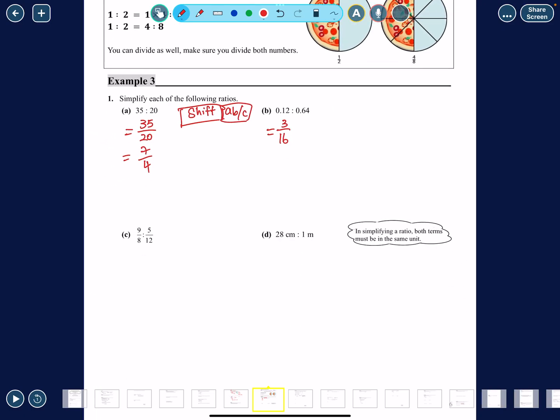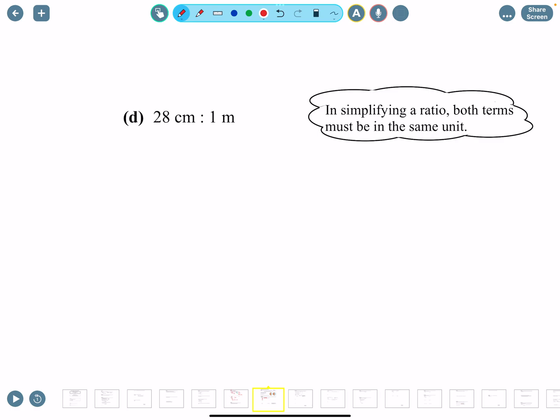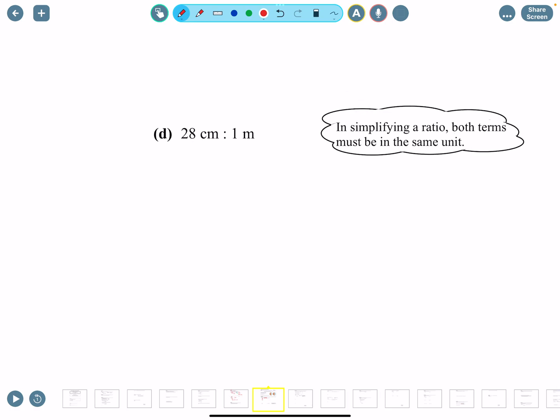Okay, now this one's quite tricky. The ratio must be in the same unit, so you have to change either from meters to cm or cm to meters. I'm going to change meters to cm. So I probably gave you a conversion, or asked you guys to write at least a conversion of the units. 1 meter has to be multiplied by 100 to change to cm.